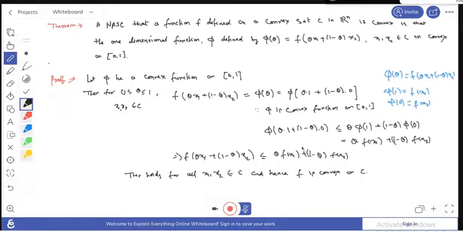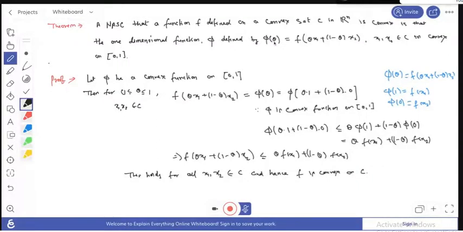Conversely, suppose that f is convex, which is defined on that set C. Then we can prove that this φ is a convex function, which is defined on [0, 1].